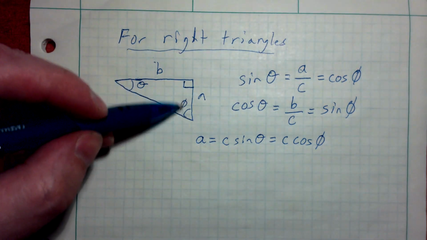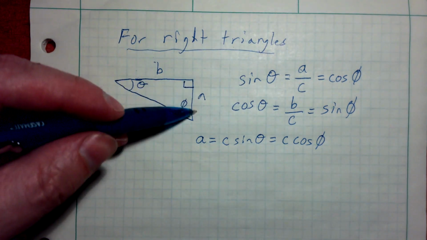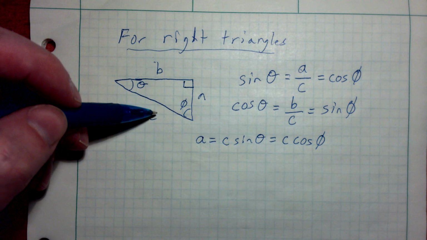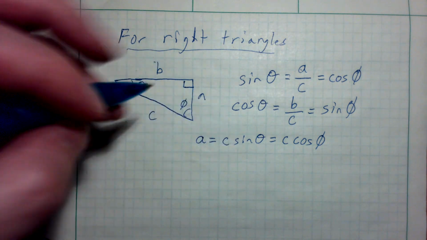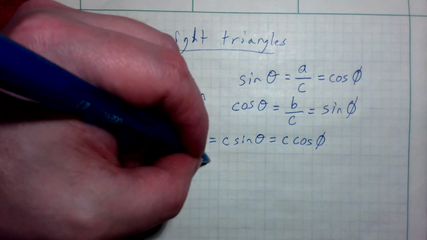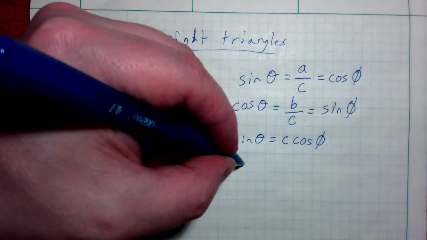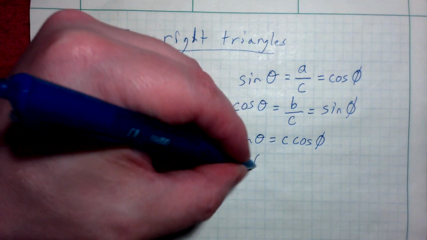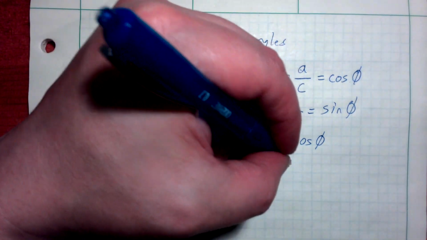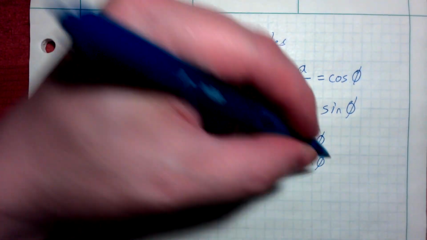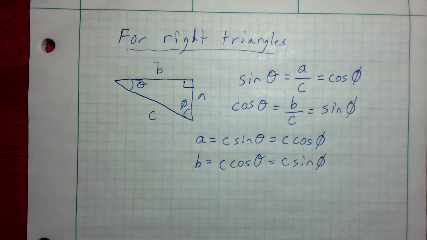So if I was given phi and the hypotenuse, I could find that a value. Same thing with b. b, of course, is going to be c times the cosine of theta, and it's also c times the sine of phi because b is opposite of angle phi.